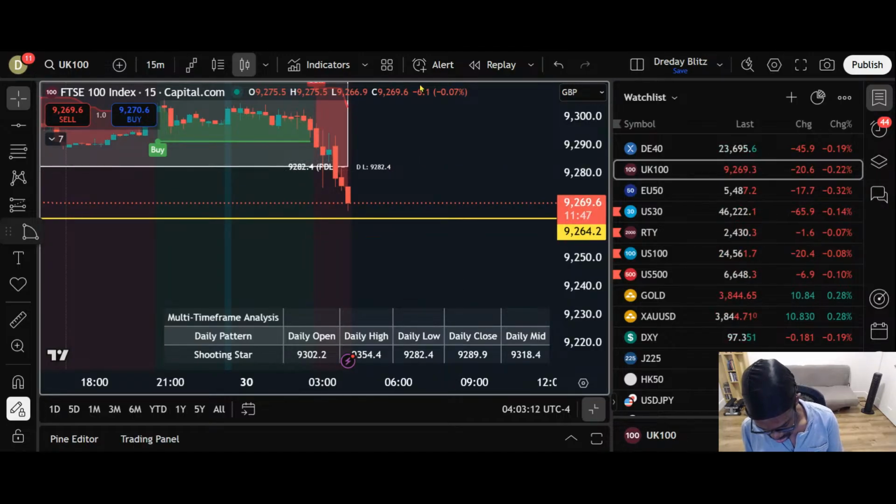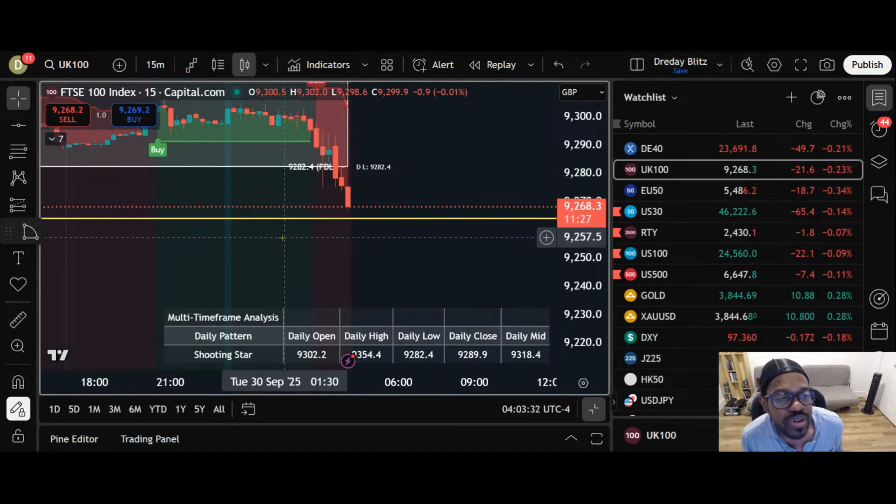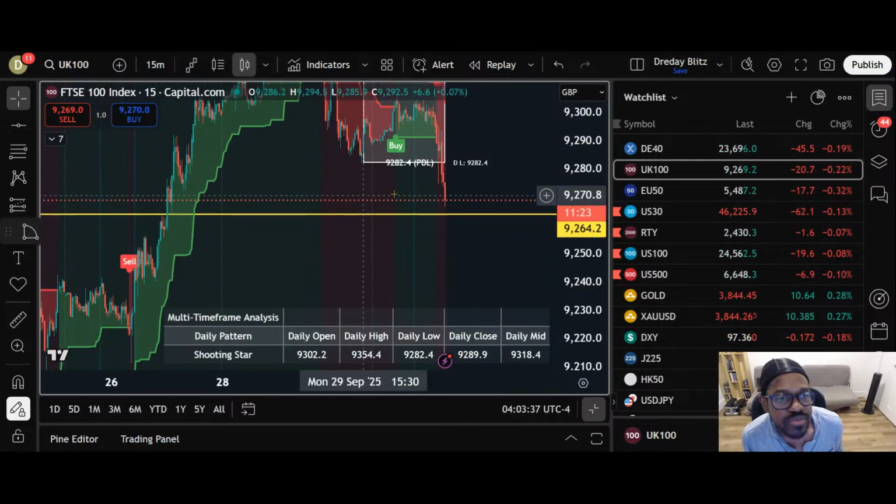That will be the start of that 4-hour fair value gap. All right, so this is the start of that 4-hour fair value gap.